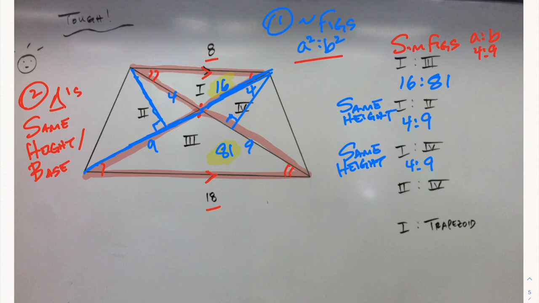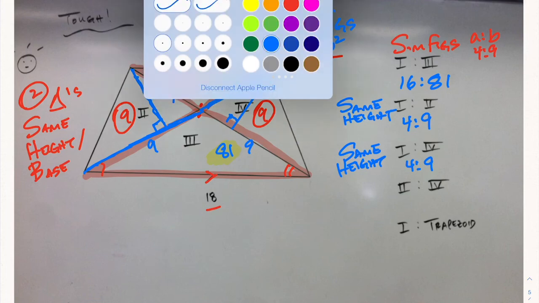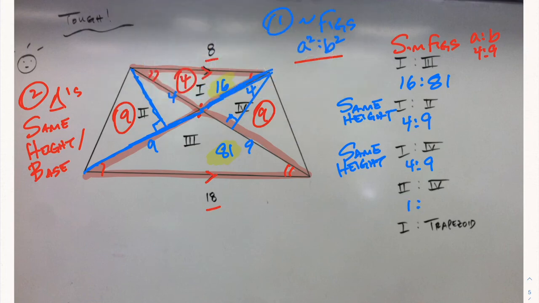The area of this one was 4 to 9, and the ratio of areas of 1 to 4 is also 4 to 9. So they're both exactly the same size compared to triangle 1, which means if you're comparing triangle 2 and triangle 4, they're going to be the exact same size. So we're going to say those are 1 to 1.